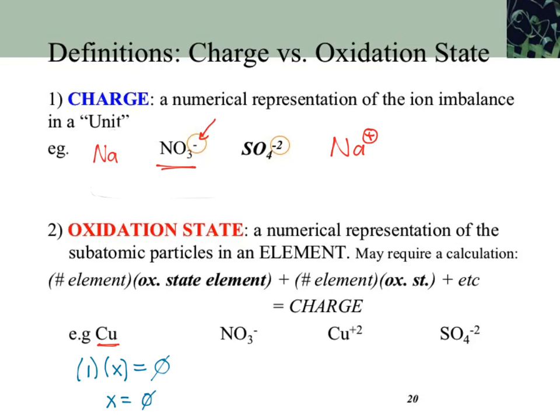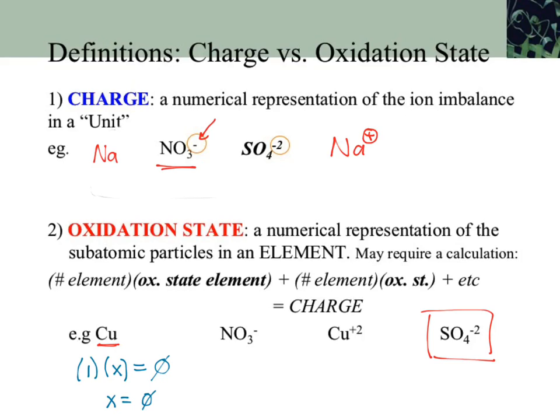So let's see how well you've been tested on this. Let's jump to the tail end here. Let's take a look at sulfate. What is the oxidation state for sulfate? +6 for sulfur, -2 for oxygen. What was the question again?